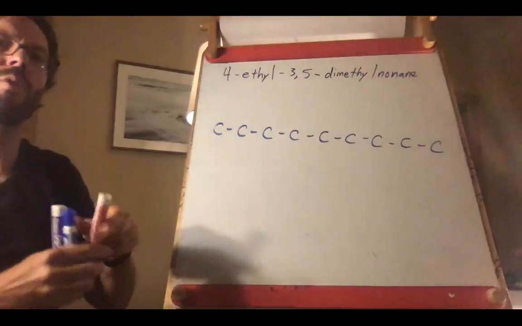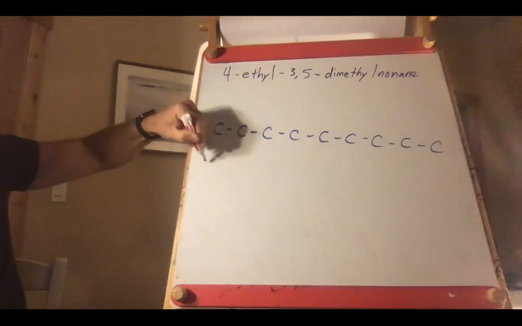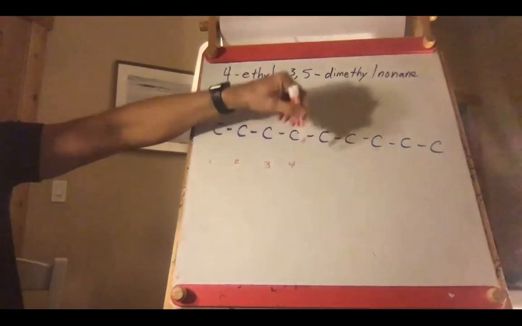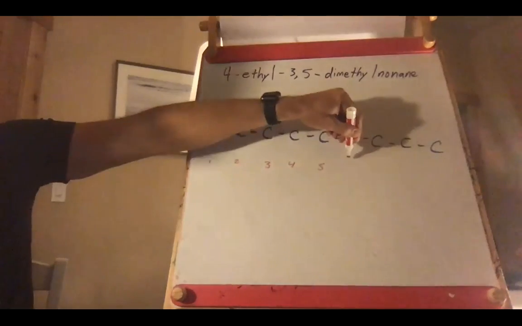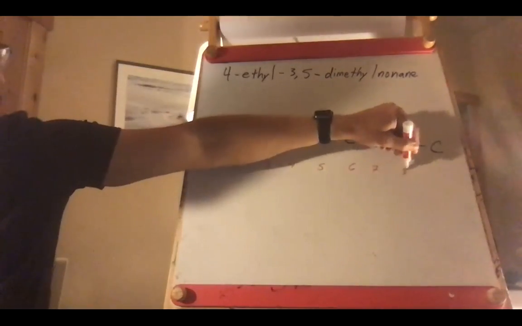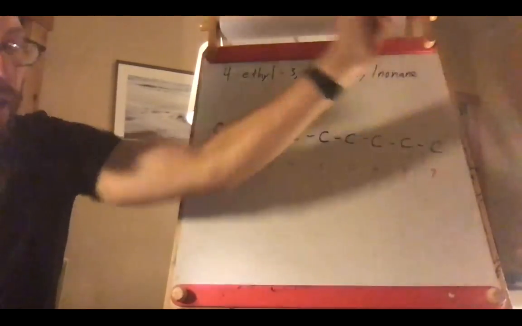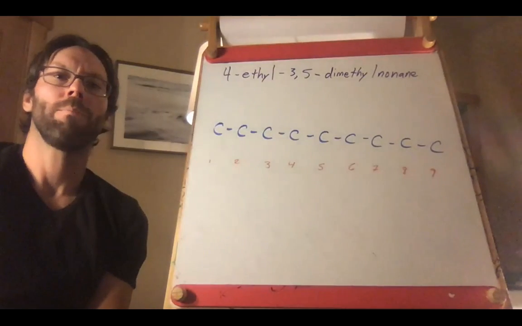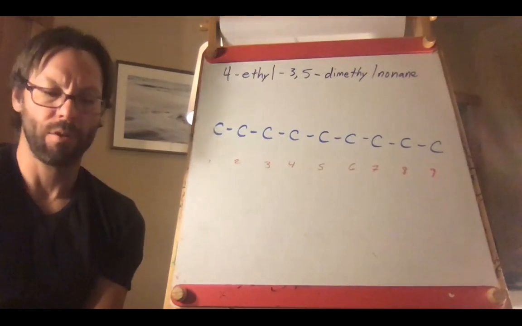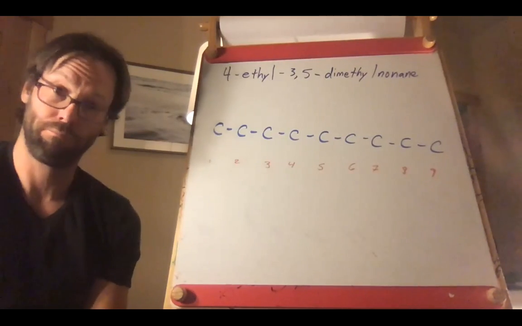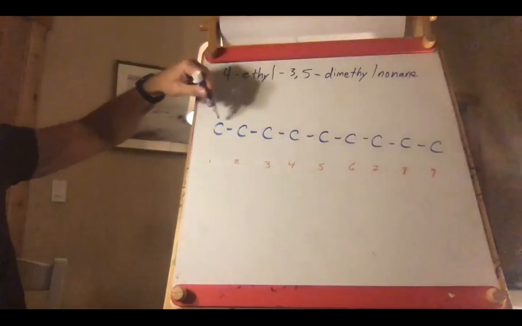So let's just number this 1, 2, 3, 4, 5, 6, 7, 8, 9. Just make it simple. 4-ethyl. So that means there's an ethyl group on the 4th carbon. All right. 1, 2, 3, 4.